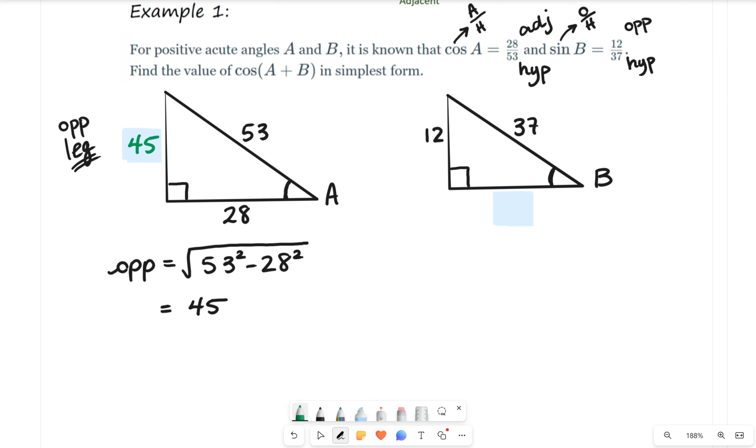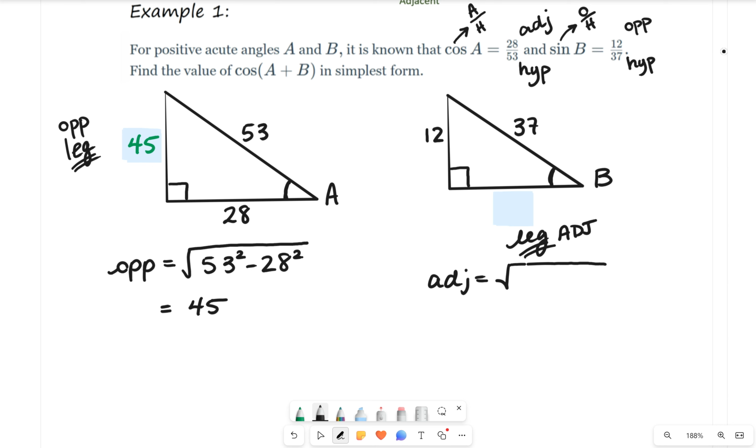We are going to do the same thing on the other side. Why? Because we are also missing the length of a leg on this side. It just so happens that the missing side is the adjacent leg in this sketch of a triangle. So the adjacent side is found by taking the square root.